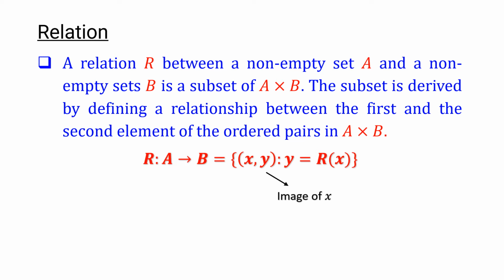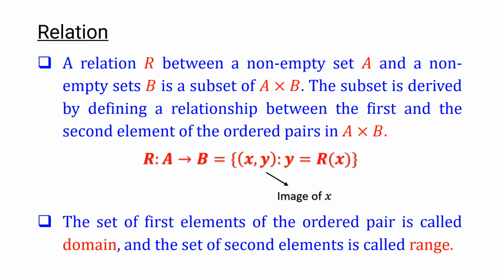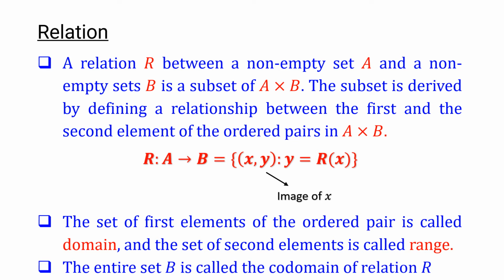The second element in the ordered pair is called the image of the first element. The set of first elements of the ordered pairs is called the domain, and the set of second elements is called the range. The entire set B is called the codomain of relation R.